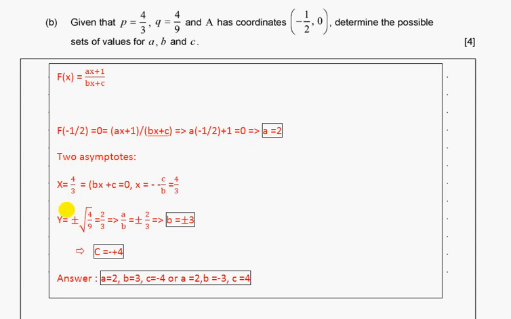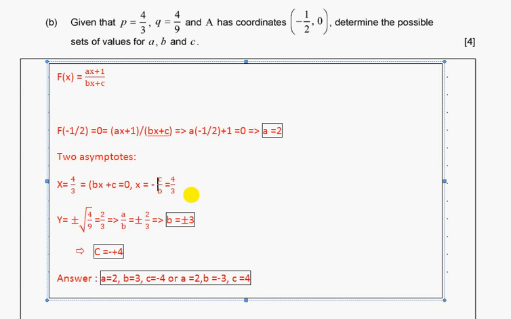So bx plus c equals 0 means that x equals minus c over b. So c and b have opposite sign, and the ratio is 4 over 3. Y asymptote is a over b, and it is plus minus 2 over 3.